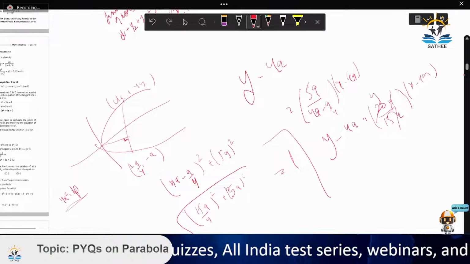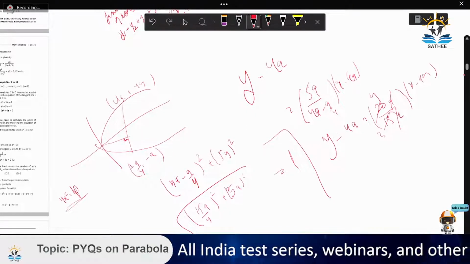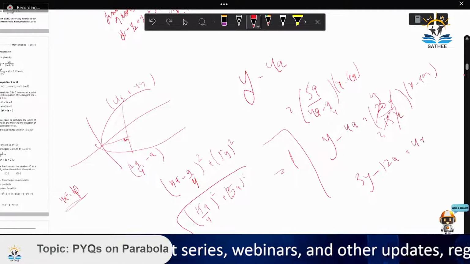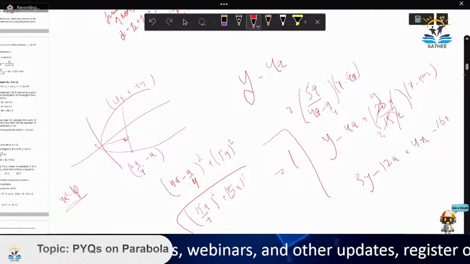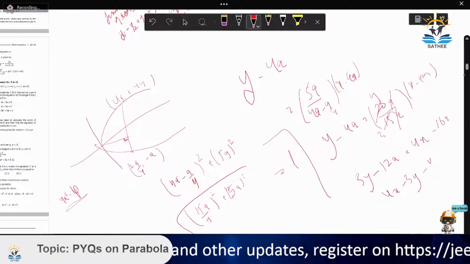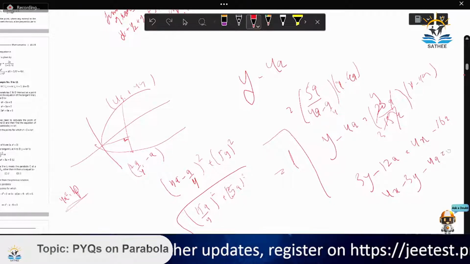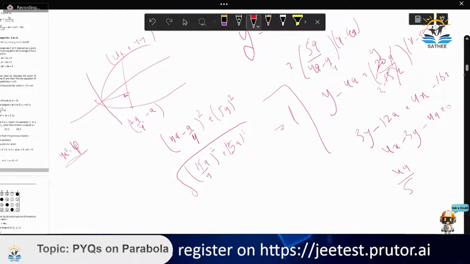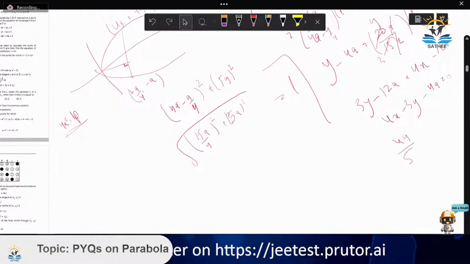So a and a get cancelled, so it is 4 by 3. I'm left with 3y minus 12a is equals to 4x minus 16a. So it is 4x minus 3y minus 4a is equals to 0, and its distance from the origin would be 4a by 5.